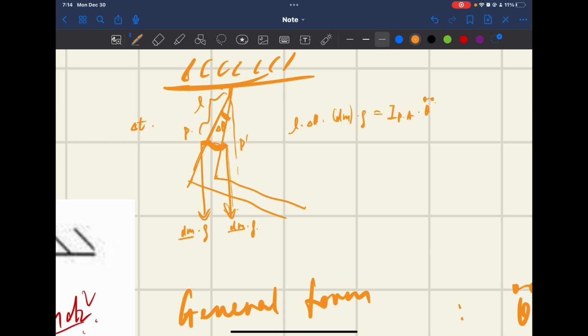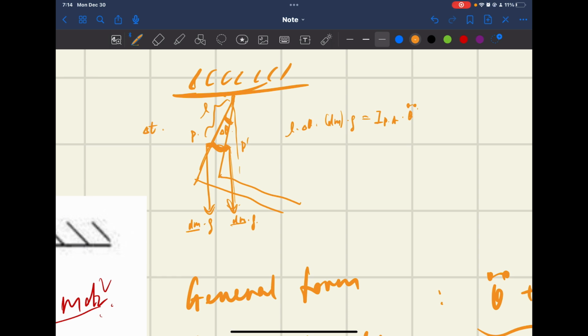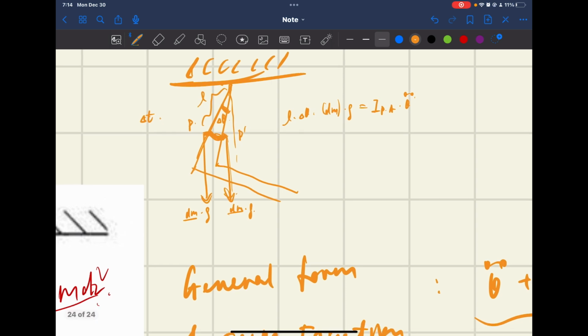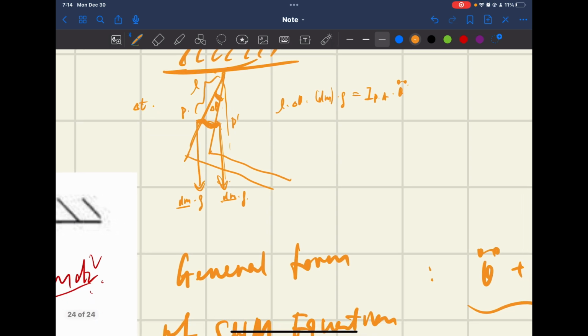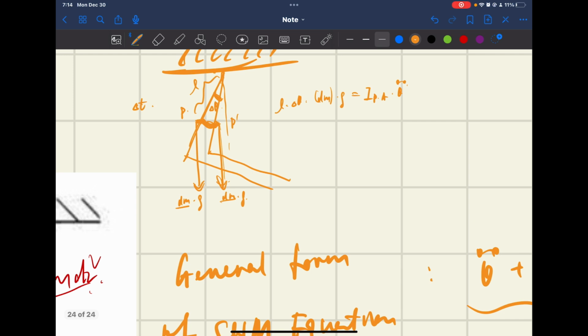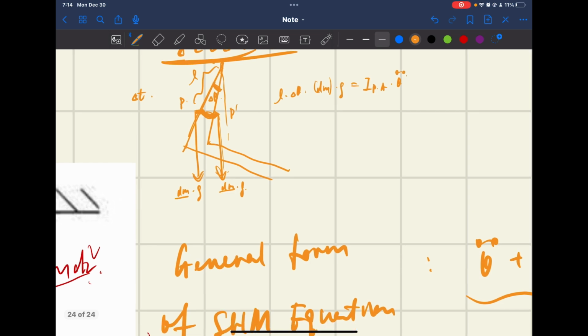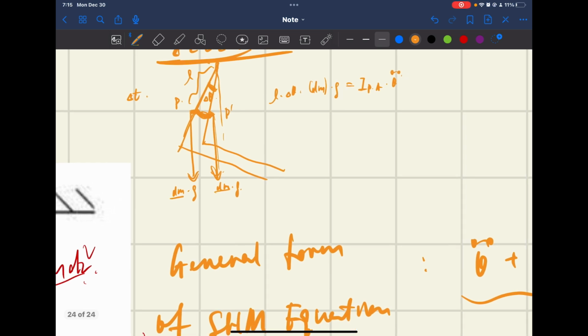Okay, so this is how a single point on the rigid body should look like. However, we are now considering the whole rigid body, so we should integrate both sides.